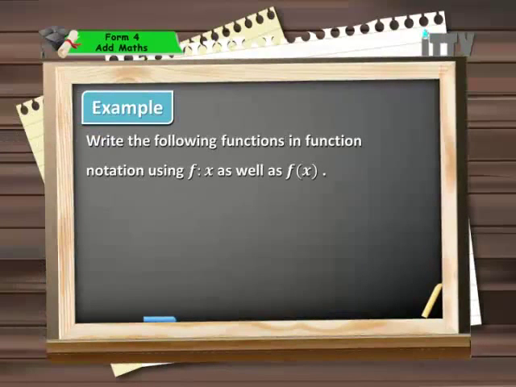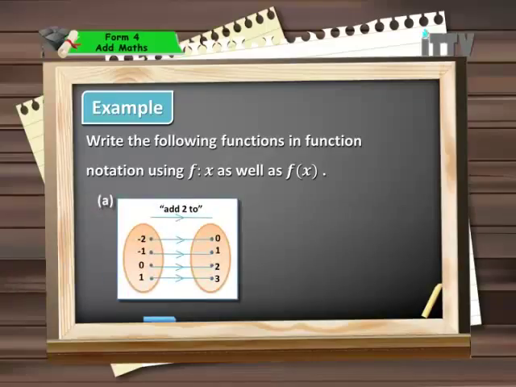In this example, write the following functions in function notation using both forms, which are the function maps x onto its answer, as well as the answer is the image of x under the function f. Part A, you will see a diagram, viewers, where the domain contains the values of -2, -1, 0 and 1, and the images that are found are 0, 1, 2 and 3.